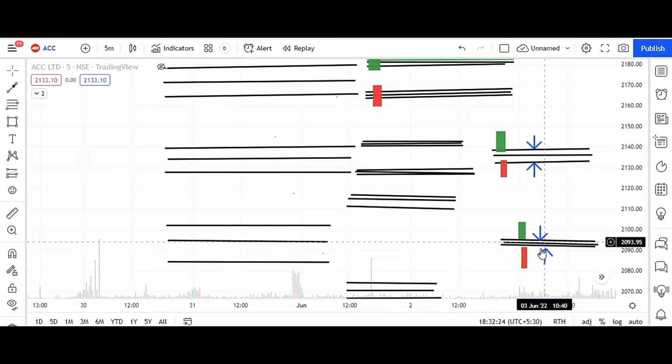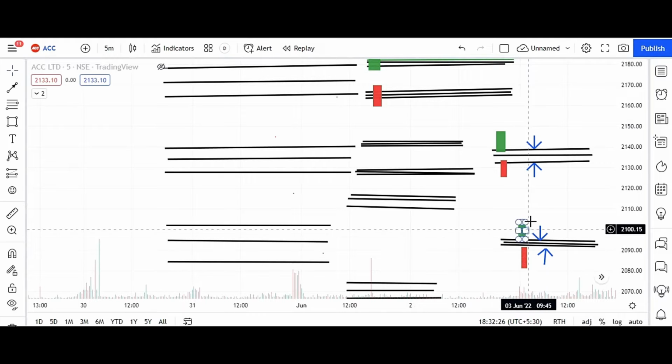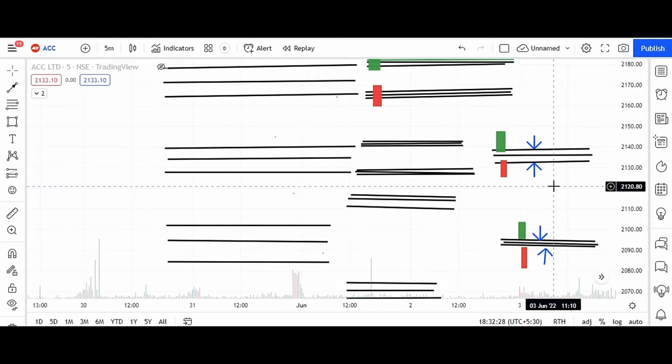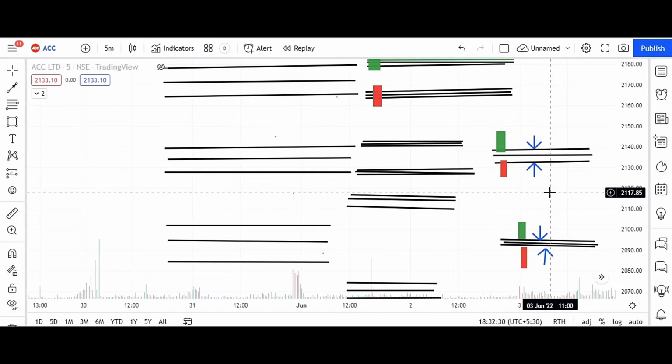Above the CPR for sell side. Okay, our target should be upside S1 or S2 or S3. S1 is nothing but support 1, S2 is nothing but support 2, S3 is nothing but support 3 or previous day high. The same way the downside target should be, the upside target should be resistance 1, resistance 2, resistance 3 or previous day high. Okay, you can plan like this.